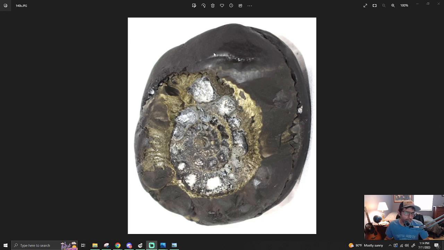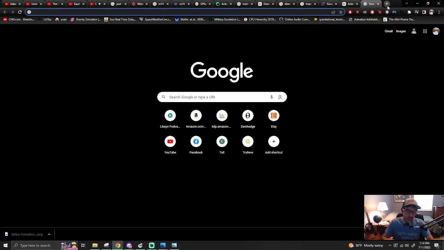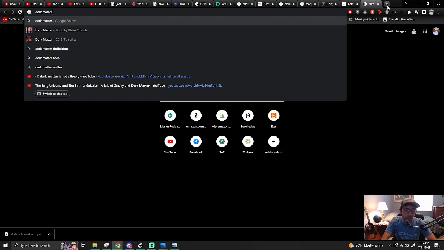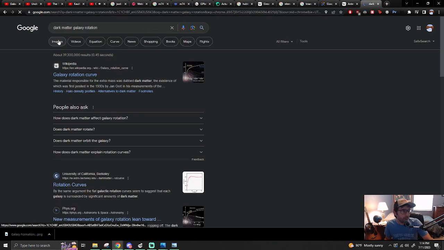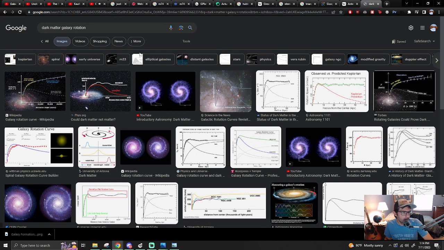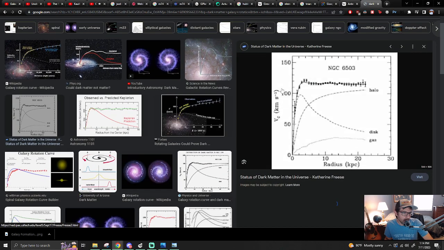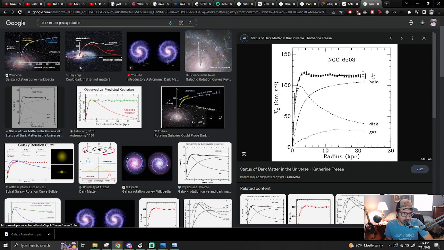Still unclear, although I've seen some things that made me reconsider my interpretation of dark matter. Dark matter I've kind of written off. Dark matter, galaxy rotation. This is a typical galaxy rotation curve, where it's very much a flat line.